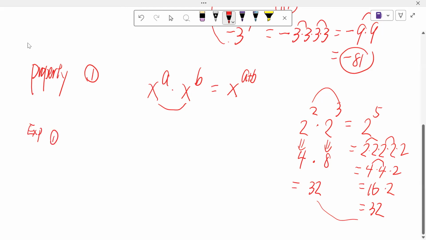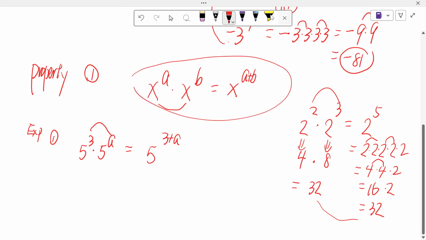I think we'll do 5 to the third times 5 to the 8. Now they have the same base, so we keep the base 5 and add 3 and 8. That's how you apply this property to tackle problems. Second one, let's say we have x to the 7 times x to the 8.